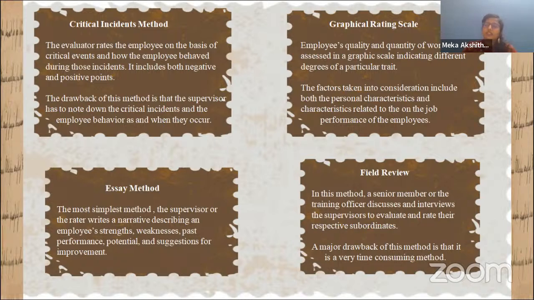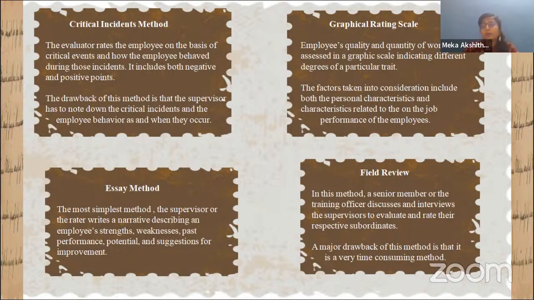The senior member or HR asks the supervisor to describe the employee: what strengths he has, what skills he possesses, what the weaknesses are, how he behaves with other employees. Everything the supervisor has to write or tell to the senior member or HR. Then based on the review given by the supervisor, the employee is evaluated.